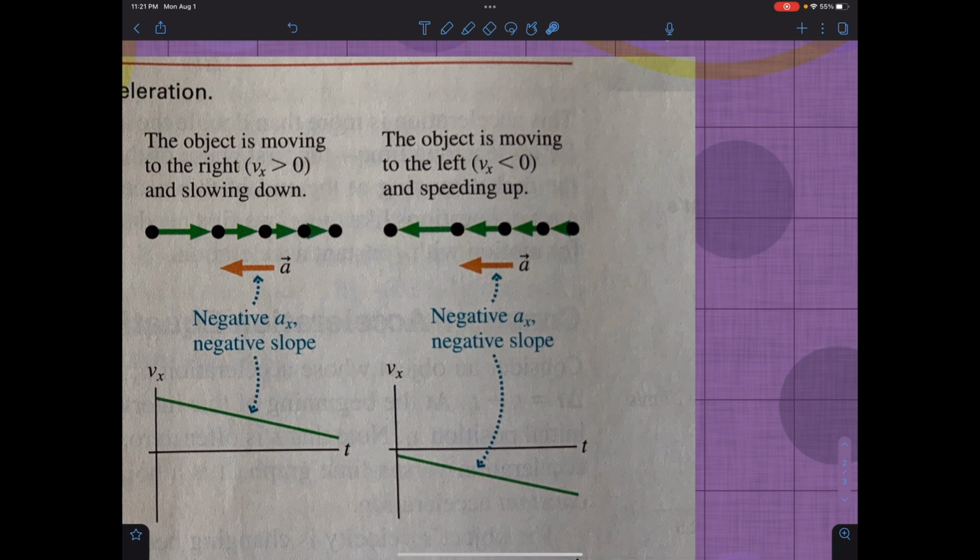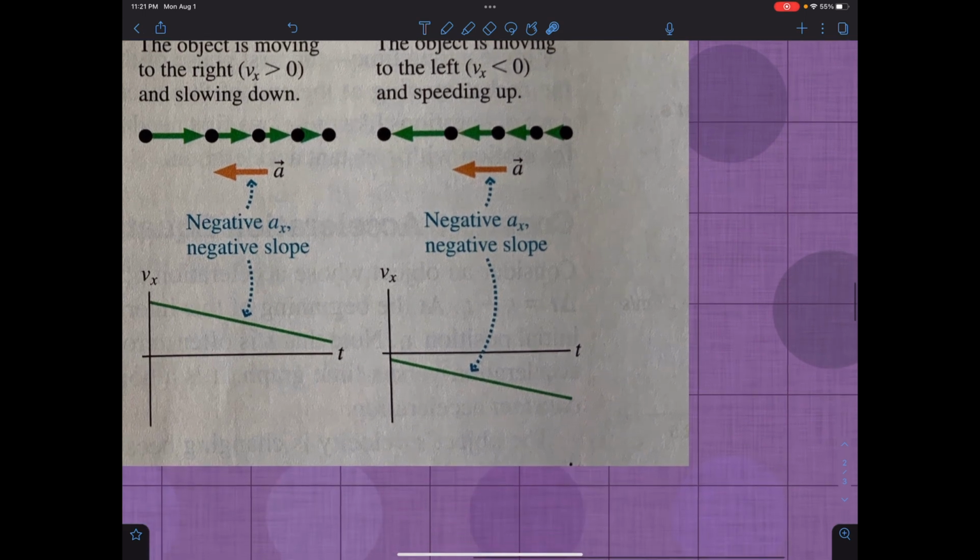In this situation, the object is moving to the left, so the velocity is less than zero, and it's speeding up. Let's look at what the velocity time graph will look like. The velocity is moving to the left, so the velocity is negative, meaning it's below zero, below the baseline, and it's speeding up, so it's increasing in magnitude.